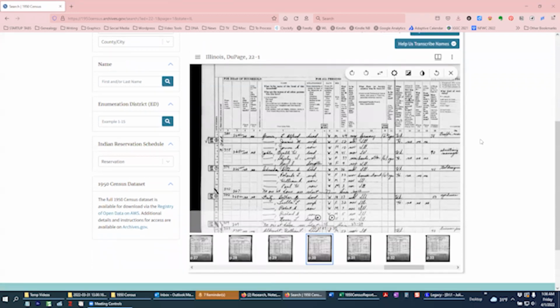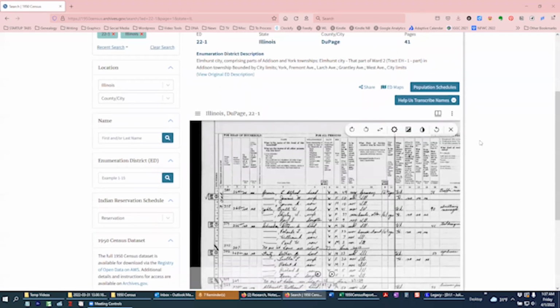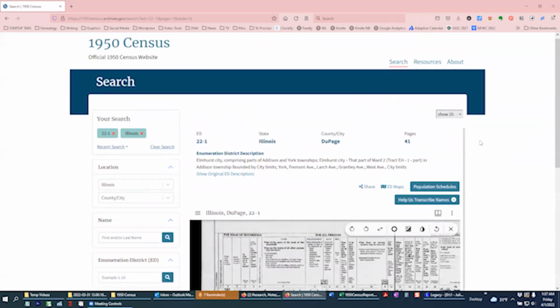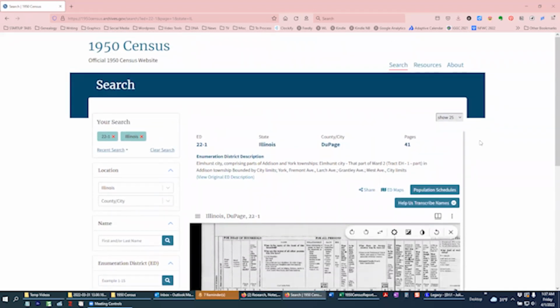Just a quick reminder that I know that Ancestry and FamilySearch are going to start probably loading images to their websites as soon as they possibly can. So once that is happening, I will do some videos on how to use those. Unfortunately, from what I understand, they will not be indexed right away. Ancestry is going to be using their own handwriting recognition software.